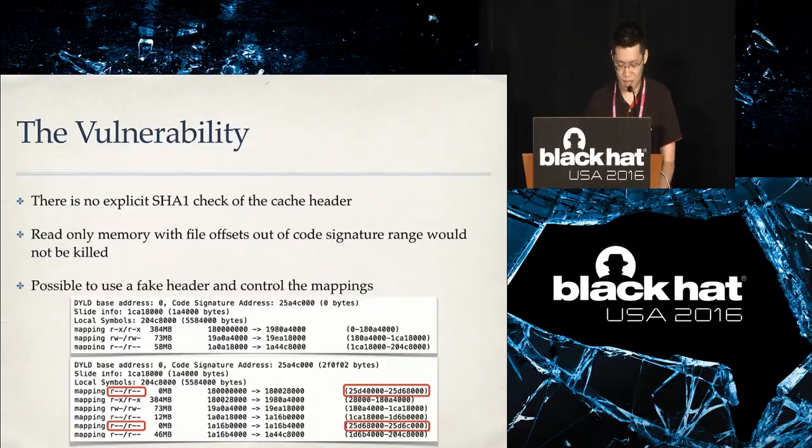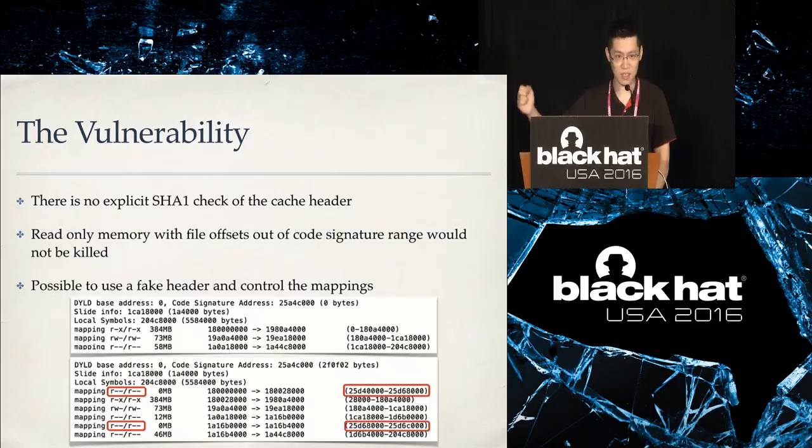So what we did is put in a fake header which is marked R, which is read only. Okay, so after you control the header, you can control the mapping. So these are two snapshots. The first one is the mapping information of the original shared cache, and the second one is the one we patched in Pangu 9.